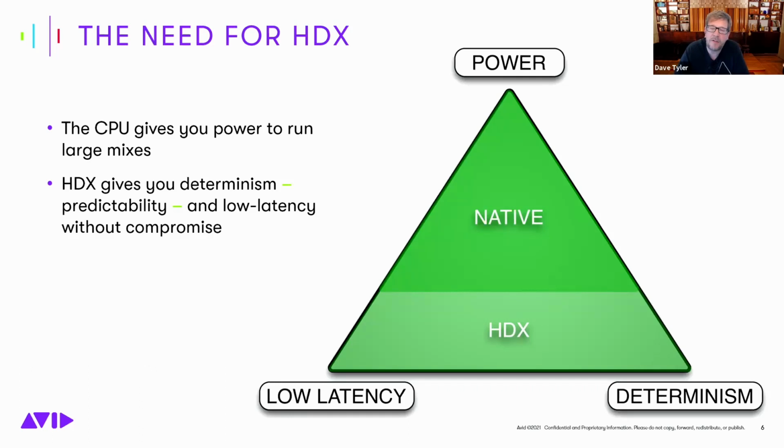What native gives you is all the power that you need from your CPU. And it can give you low latency, but it can't give you the power and low latency at the same time. There's always a trade-off, and that comes in the form of the hardware buffer size. If you want low latency, you set a low buffer size, but then you have reduced power. You can't run complex mixes.